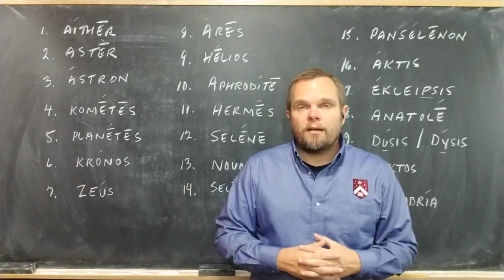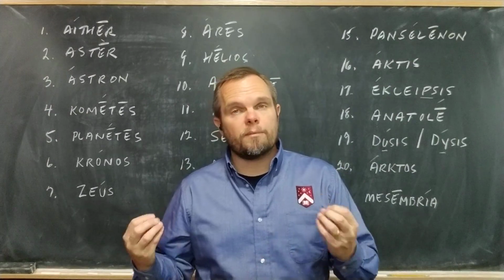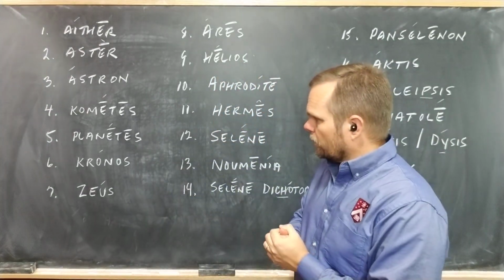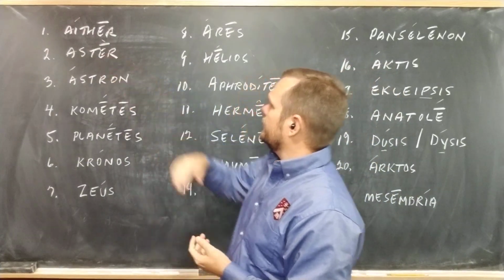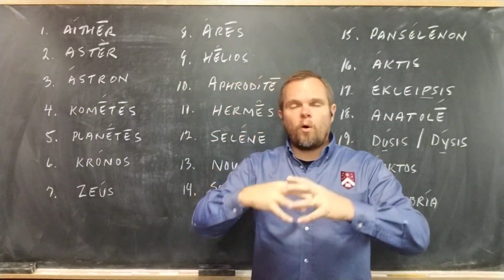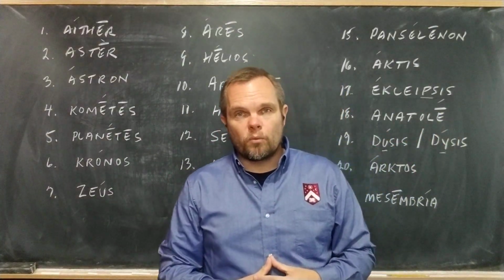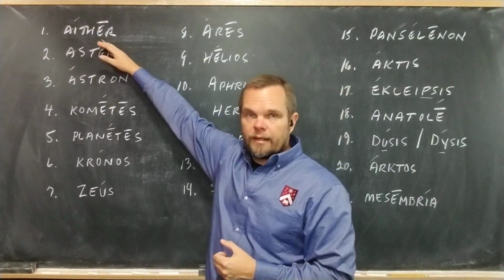When we learn a Latin vocabulary word or a Greek vocabulary word, what's important is that once we learn, for example, the word aster or the word aether, we learn a whole family of English words that are derived from that ancient word.